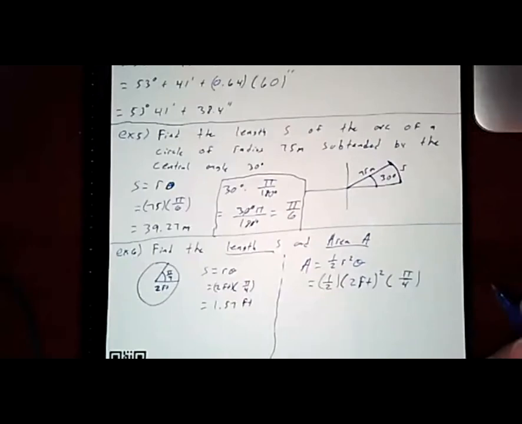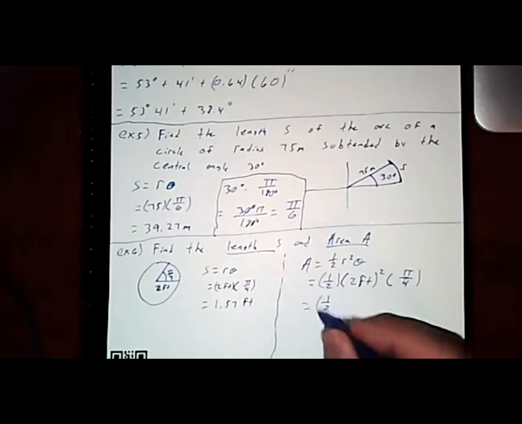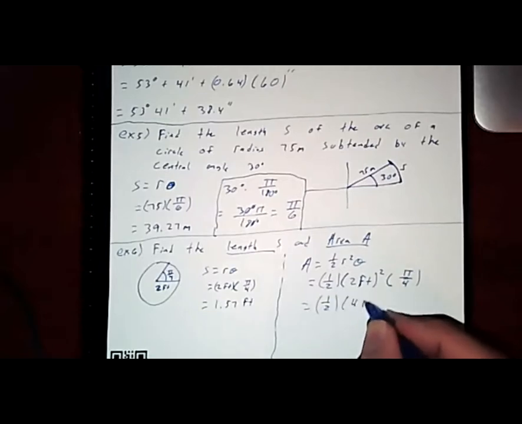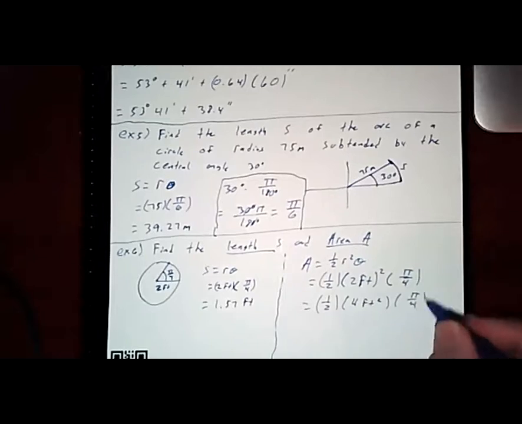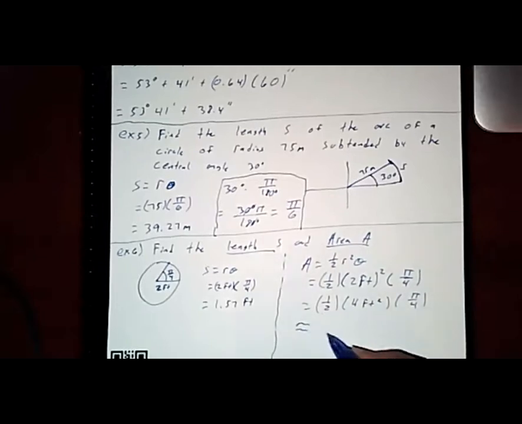Feet squared, or square feet. So this would be 1/2 times 4 feet squared times pi over 4. That is approximately, calculator time. Actually, it turns out to be the same. That's funny, except these are squared units. Oh, weird.